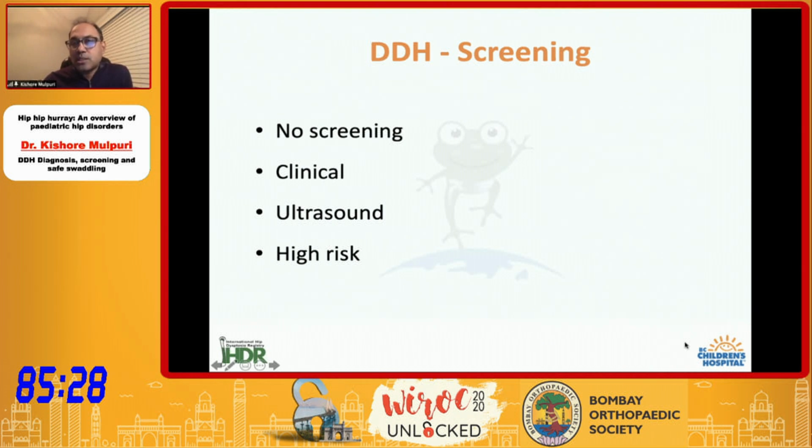And ultrasound screening, when we get to ultrasound, is either universal, like in some parts of Europe, where every single child gets an ultrasound, or you can have a high-risk screening, which is what happens in most parts of the developed world, like in Canada or in the US, Australia, New Zealand. We don't do universal screening, but definitely do selective ultrasound screening on children that have risk factors.